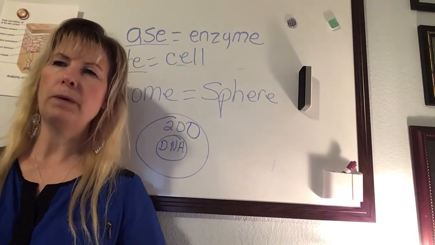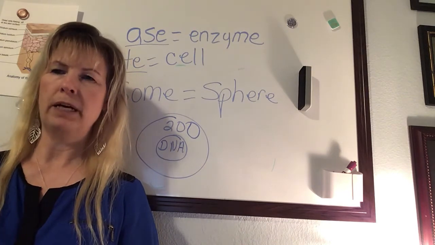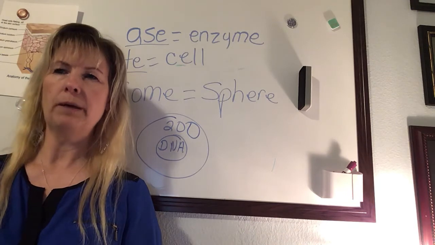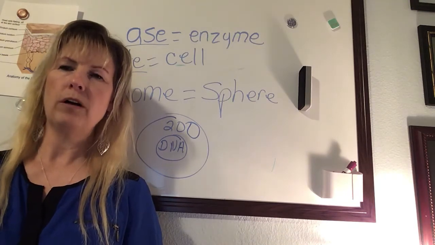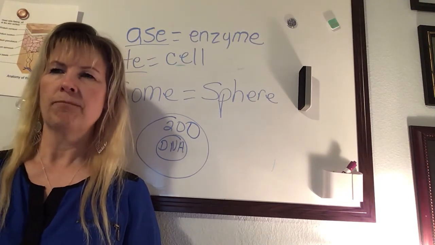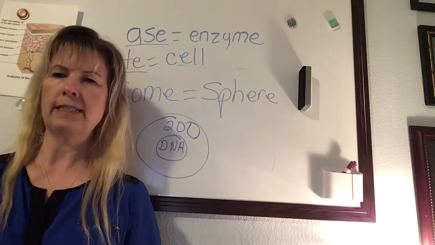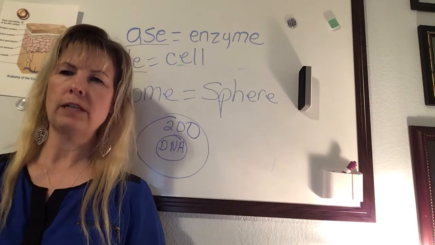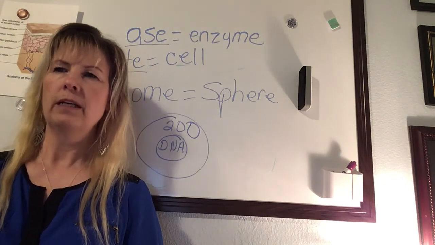Now, we do use products that suppress melanin production. They interrupt the biochemical process, and we call those brightening agents. A lot of people call them tyrosinase inhibitors. These products are designed to reduce hyperpigmentation.